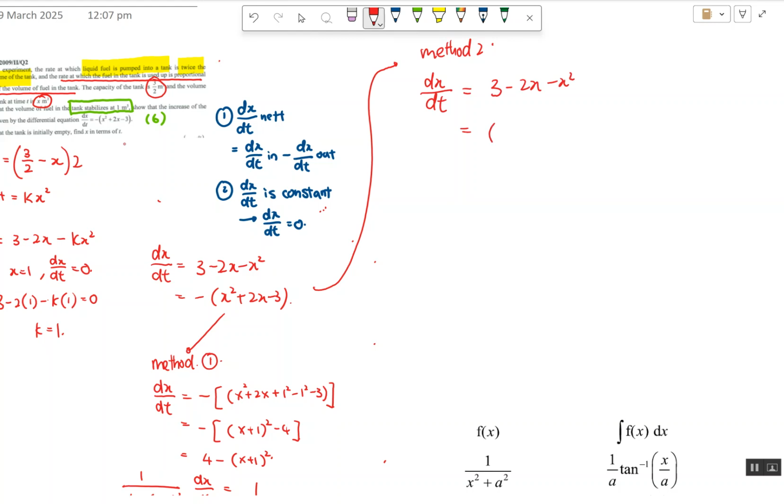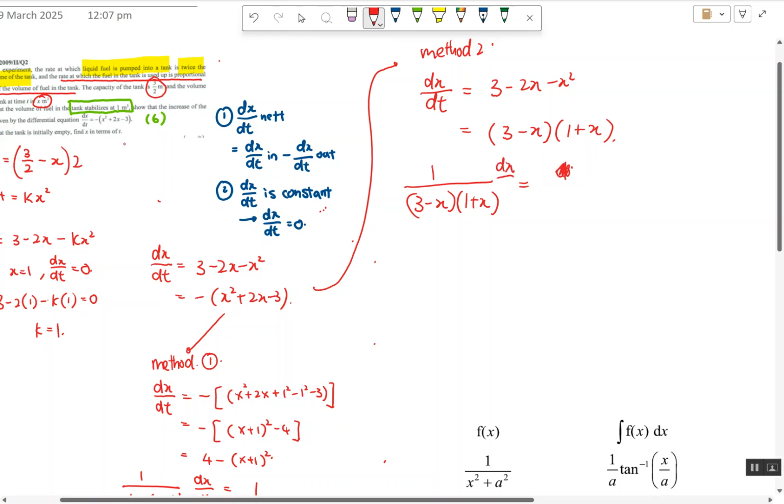If I factorize this, it will be (3 minus x)(1 plus x). Bring it over: 1 over (3 minus x)(1 plus x) dx/dt equals 1.